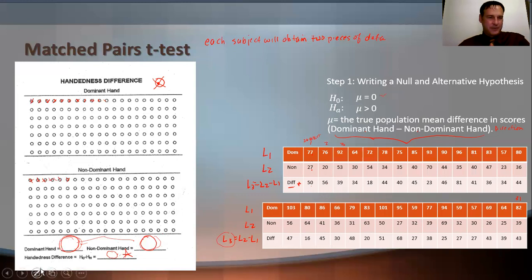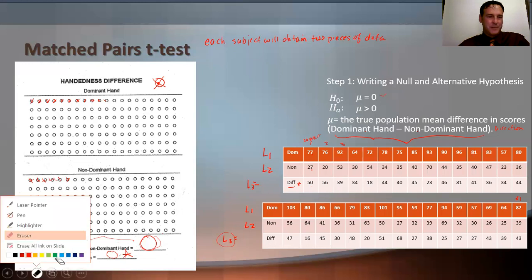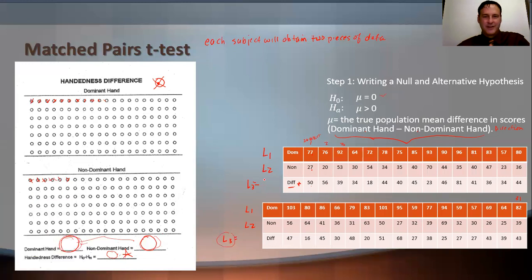And actually, I wrote this backwards. I'm sorry. I said L2 minus L1, and it's not. It's L1 minus L2. My apologies. However, if you want to do it the reverse way, you certainly can. All that means is that your differences will be negative, and then you'll want to switch your inequality in your Ha, and switch the direction in the manner that you did.